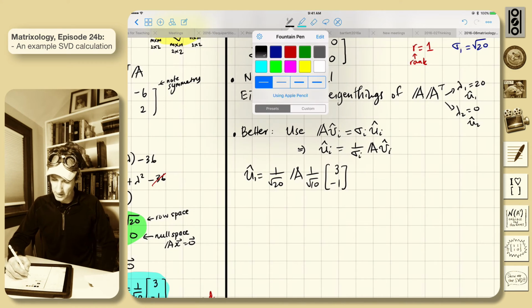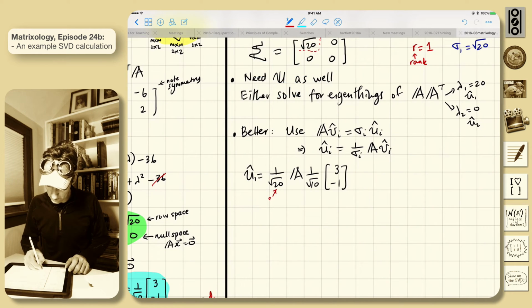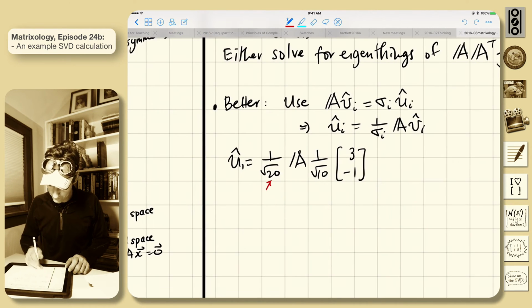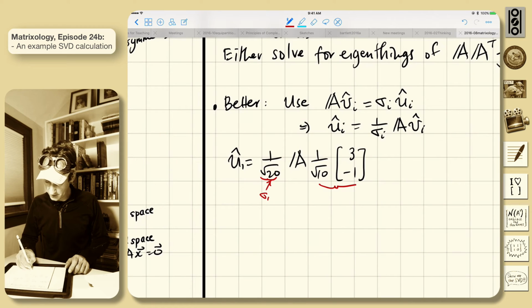So this is sigma 1, and this beast here with the square root is V1 hat.